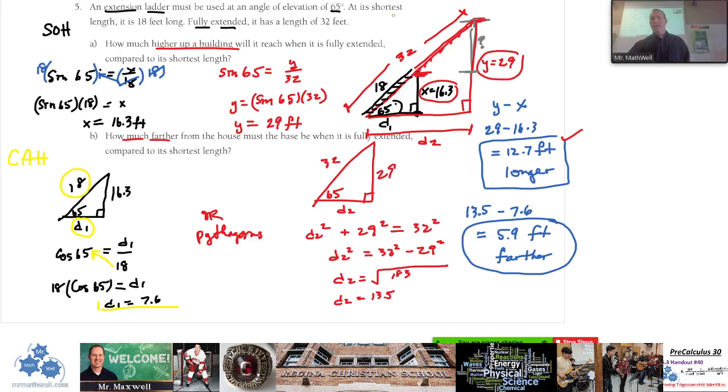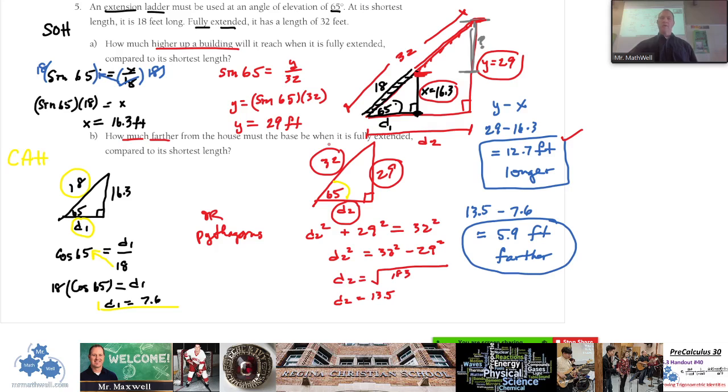Right? Now the other way you could do this, you could use Pythagoras as well, because we have a right triangle and we have 2 of the 3 sides. So that's what I did for the second one, just in case you wanted to see that. So this is 65 here, but because we are just using Pythagoras' theorem, we just need to concern ourselves with the 3 sides. So d squared plus 29 squared equals 32 squared.